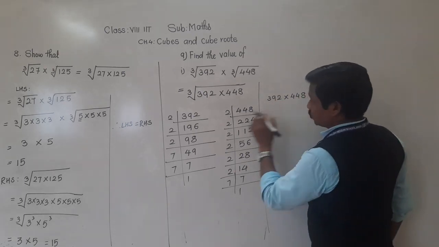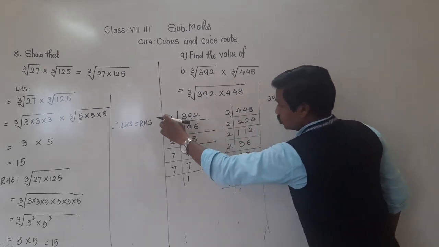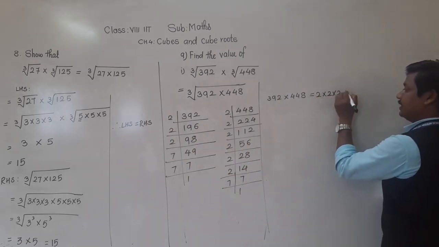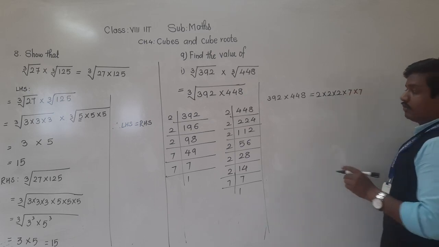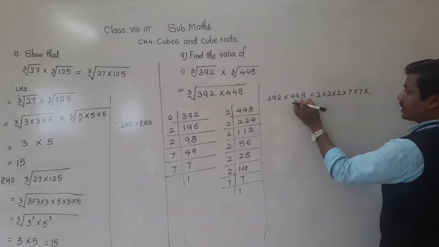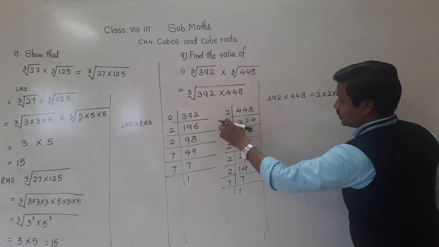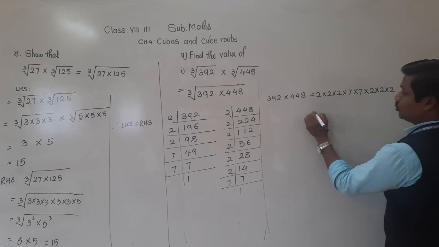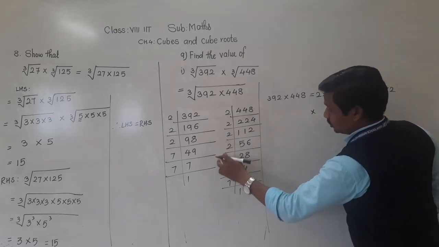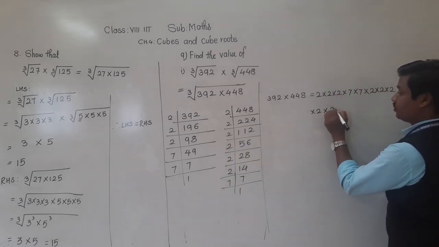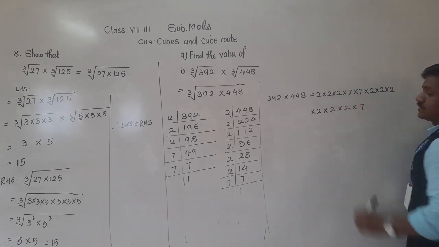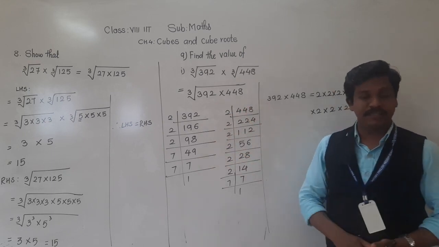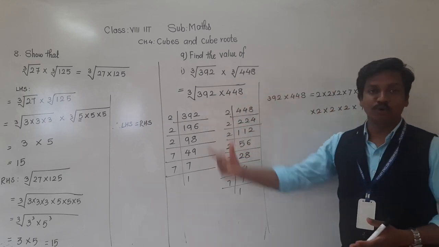Prime factors of 392 are 2 into 2 into 2 into 7 into 7, whereas prime factors of 448 are 2 into 2 into 2 into 2 into 2 into 2 into the last 7. So what we have done in this step, we have combined the prime factors of both these numbers.